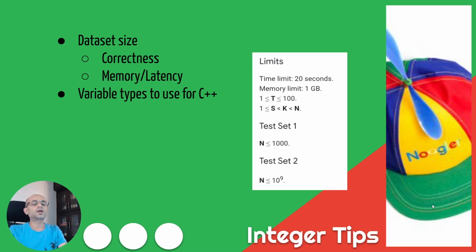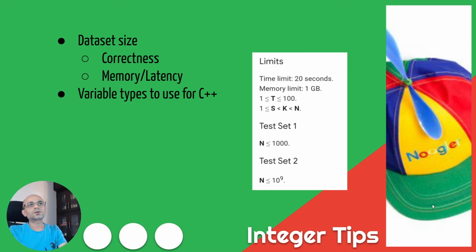Like if you can work with say int32, don't use int64, because unnecessarily you'll be using more memory, and if it is a repeated field, you might hit the memory limit, like say 1 GB. Normally they will specify the memory limit in the problem definition. It can even affect your latency, the time it takes to complete, because there will be a time limit within which your program has to finish.